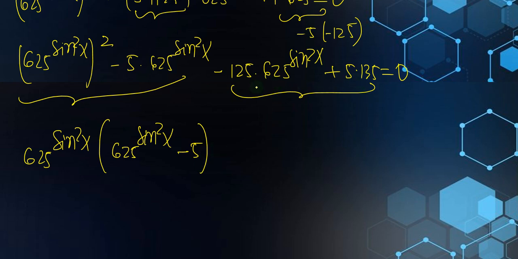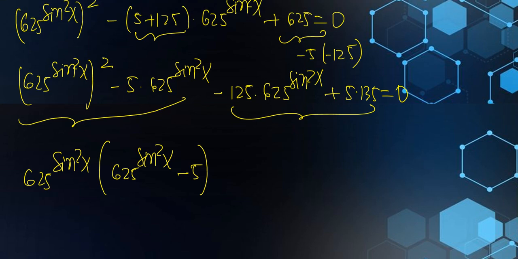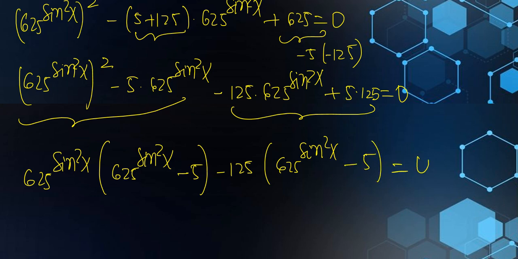And then here, the common term, sorry, I just wrote it wrong. This is not 135, this is 125, right? So now I have here minus 125, which multiplies 6 to 5 to the sine square x, and then minus 5 here, and then this is 0.